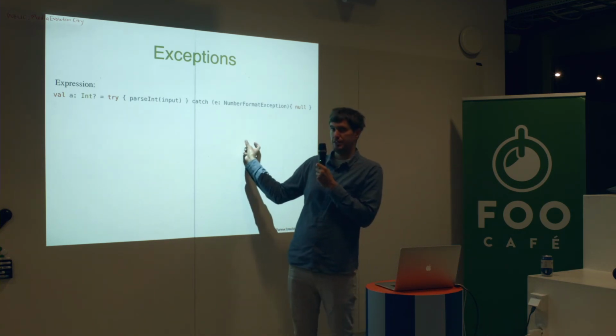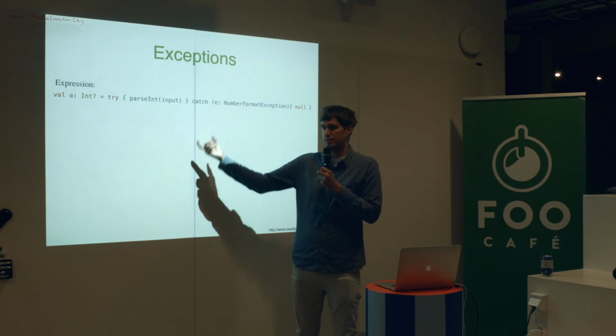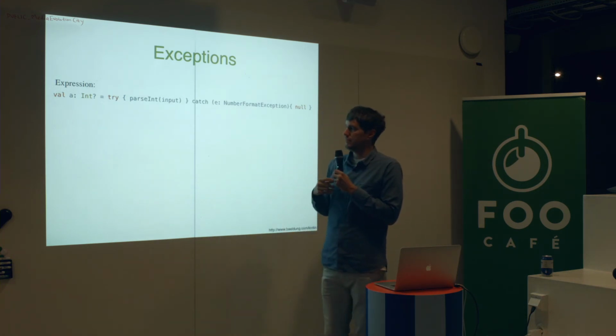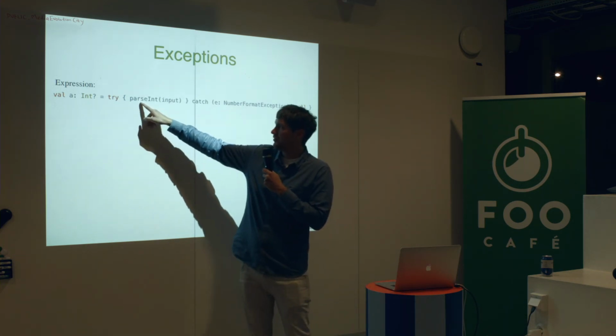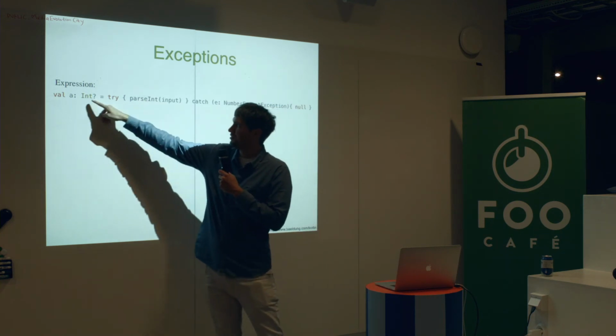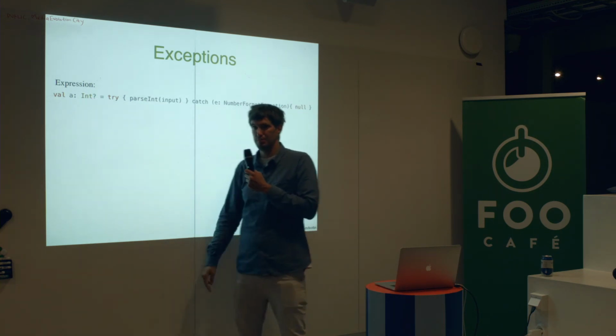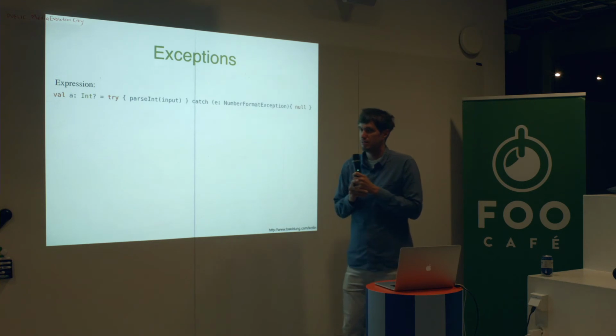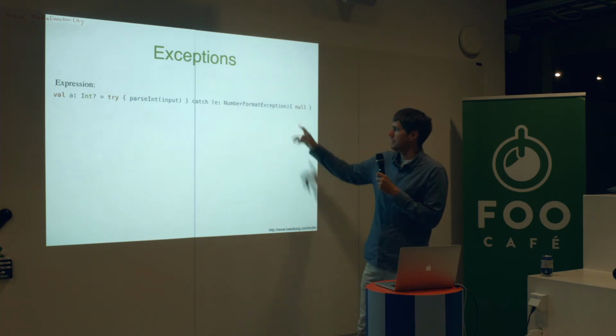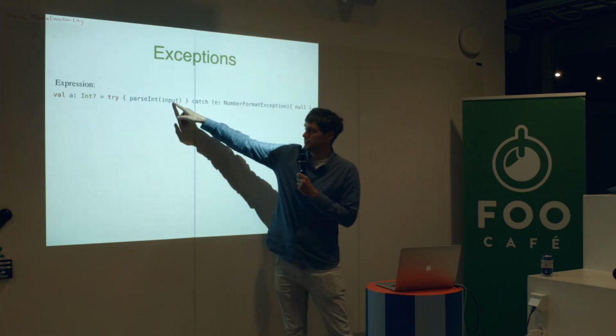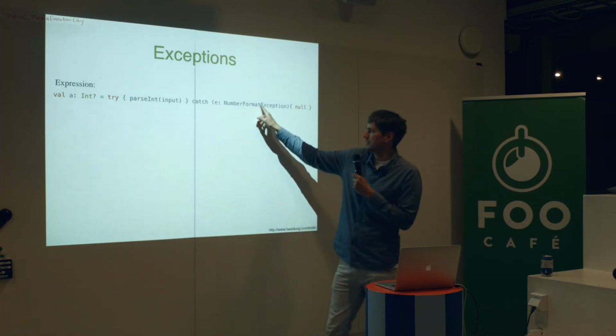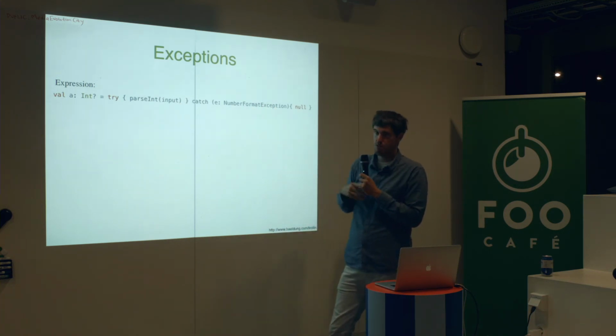If you throw an exception, then the return type will be nothing. Not here. Now, the return type here, I assume, will be an int with a question mark, nullable int. So if it catches an exception here, it returns null.